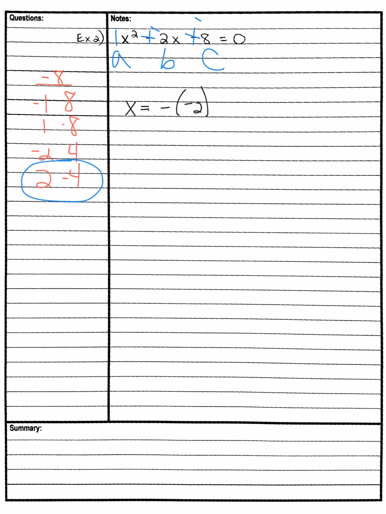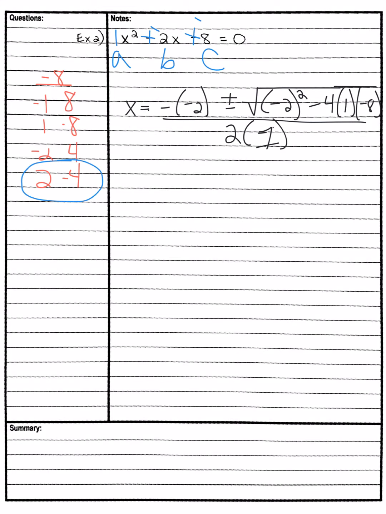Always put that negative and then b in parentheses, plus or minus the square root of b squared minus 4, a is 1, and c is negative 8, divided by 2 and a, which is positive 1.